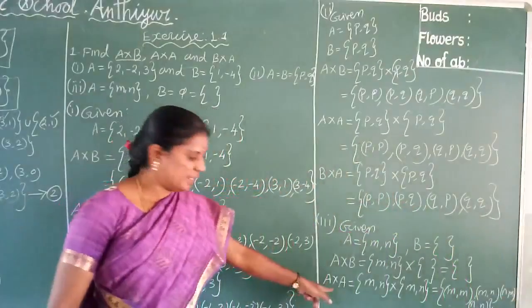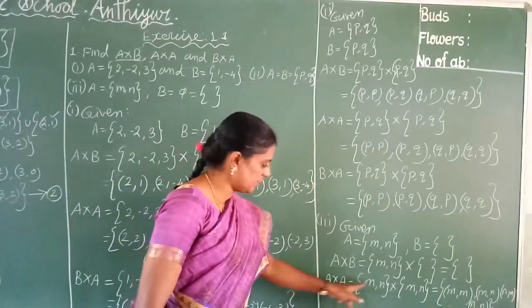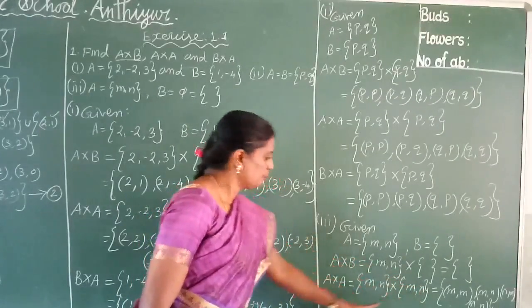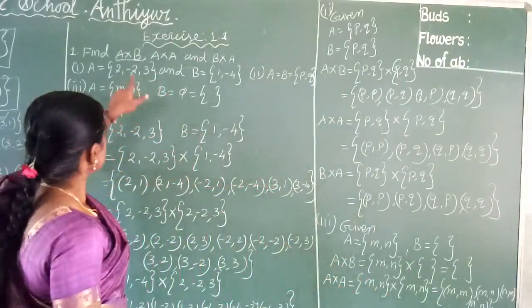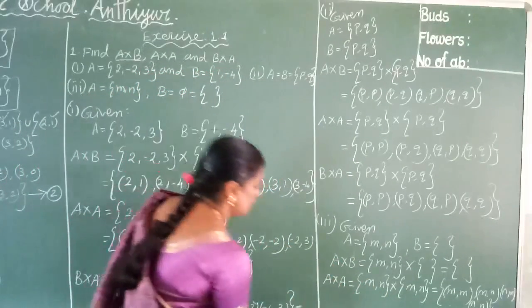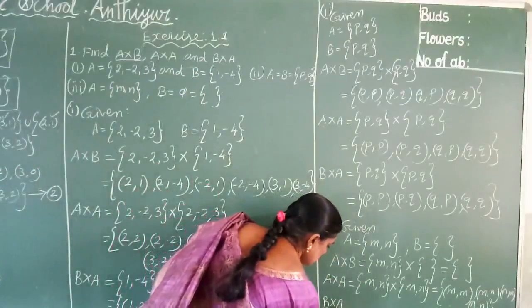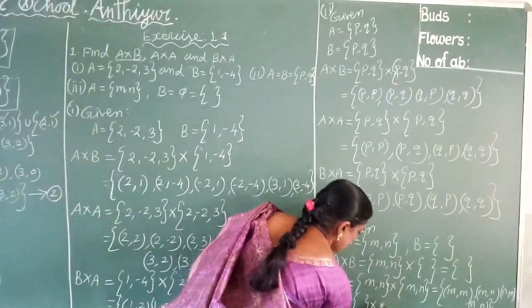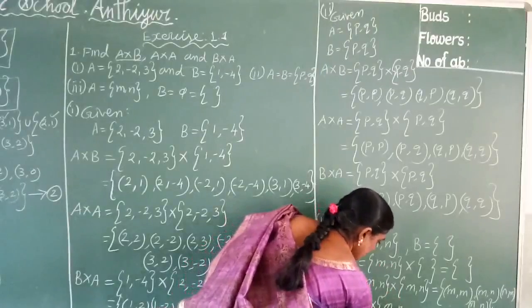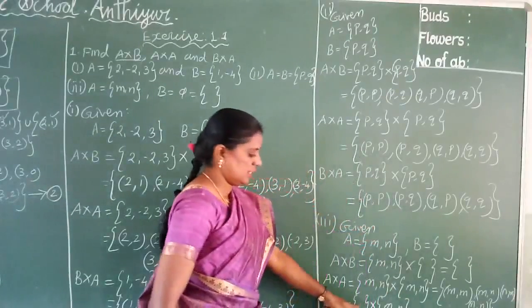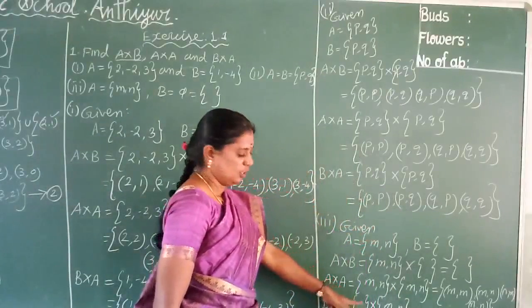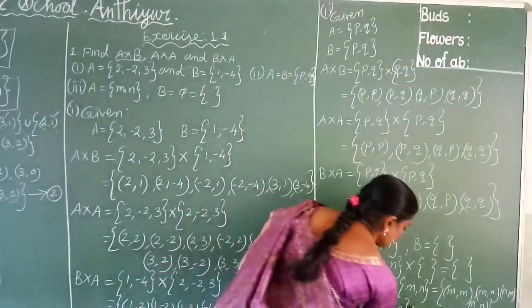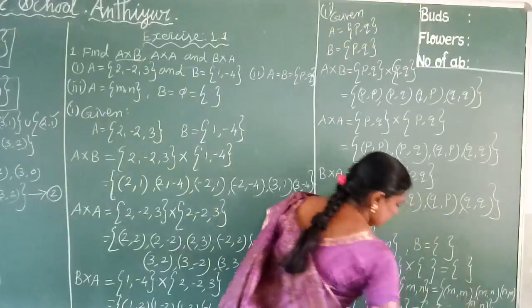So for the A cross A answer, write {M, N} cross {M, N} and get the ordered pairs. Third option, B cross A. B is the empty set cross A, {M, N}. Here the empty set has no elements, so we can't get ordered pairs. So the answer is the empty set.